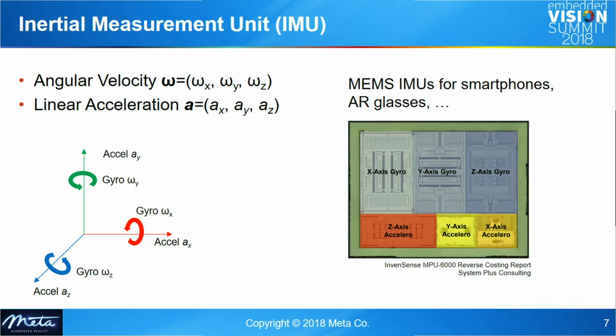For the angular motion, and this is important to keep in mind, for the rotations, we measure the rotational velocity. That is what we get out. For the linear motion, we are able to measure acceleration. So we get linear acceleration and angular velocity.